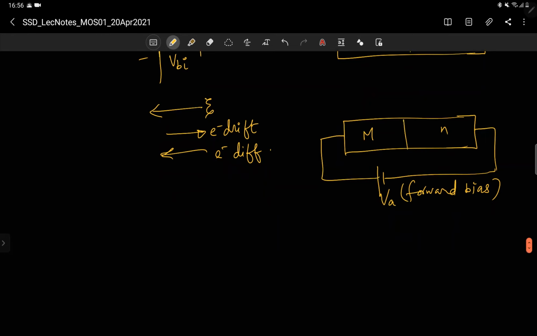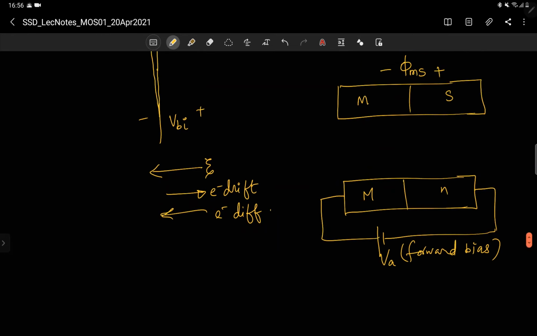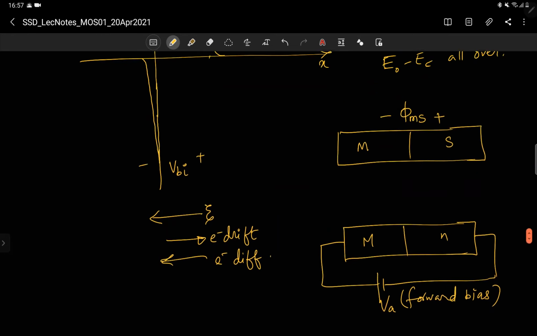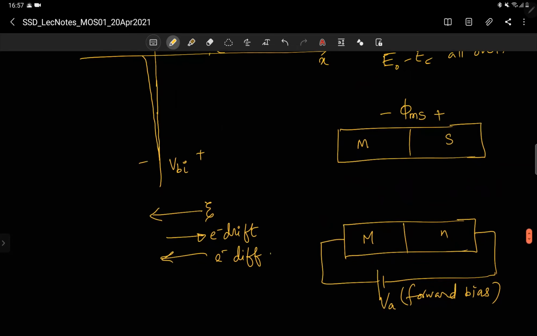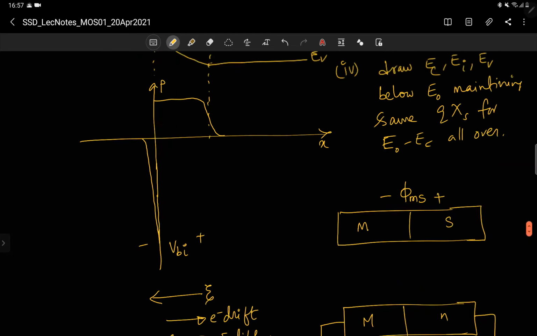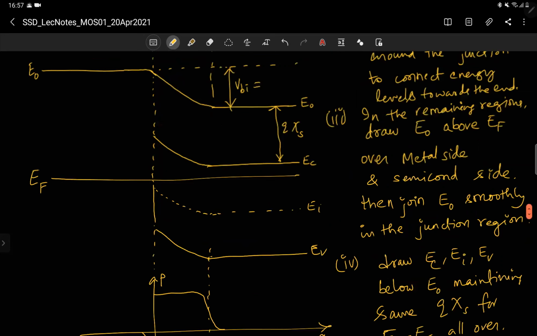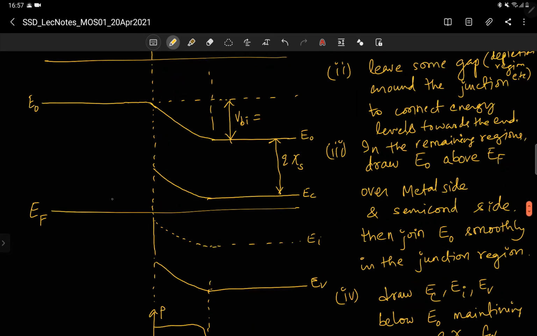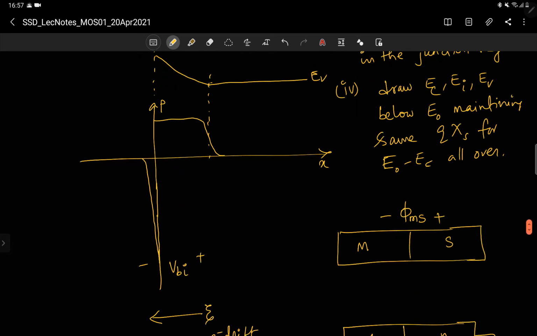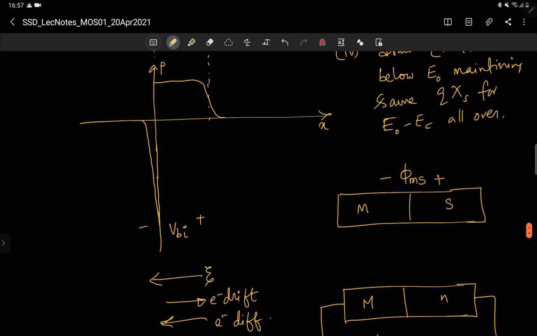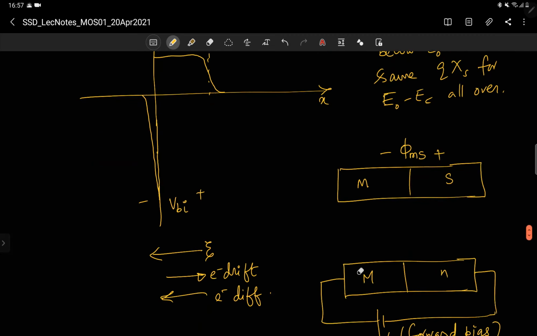In forward bias, the metal side Fermi level slightly rises up. Why? Because you are decreasing the energies, so they slightly go down. Because if you apply a positive potential towards the metal, their energies go down a little bit.